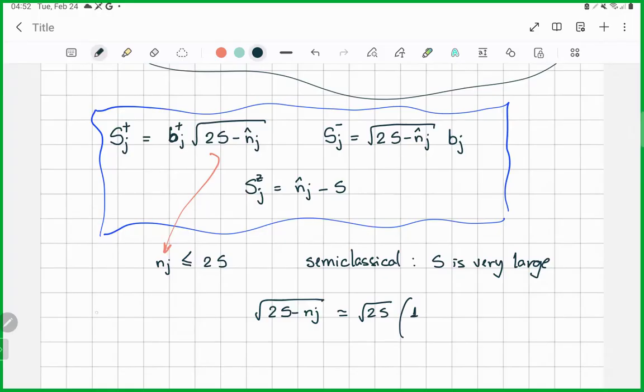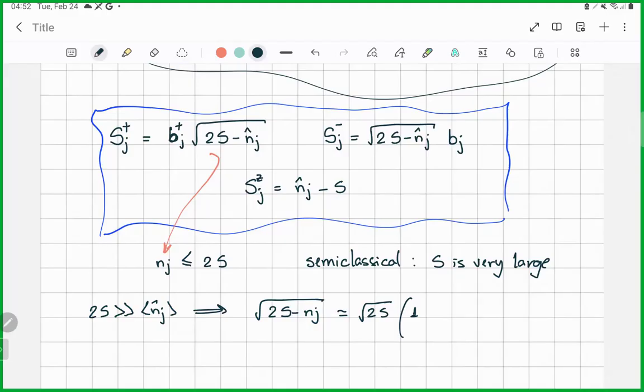We are thinking about a scenario where 2S is much larger than this expectation value.